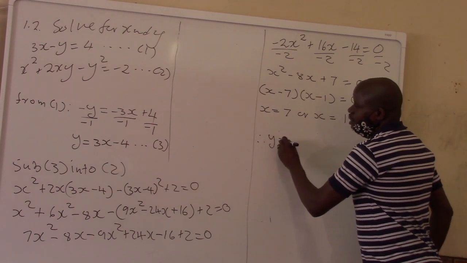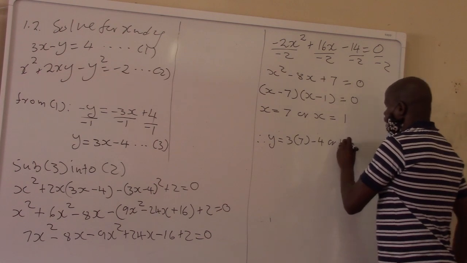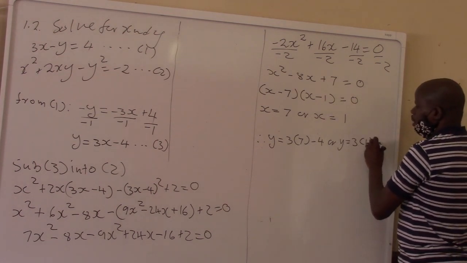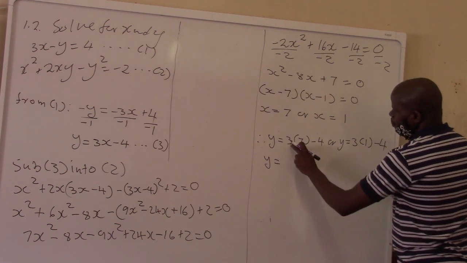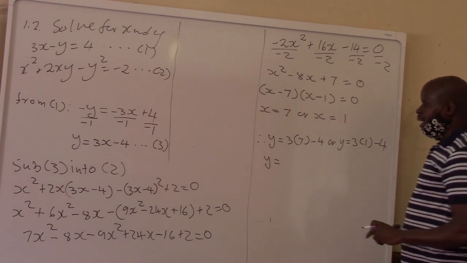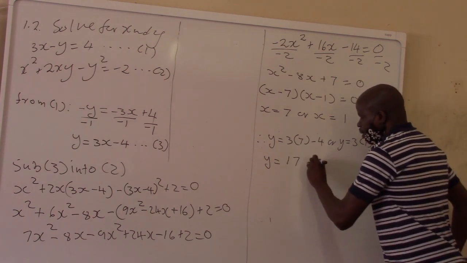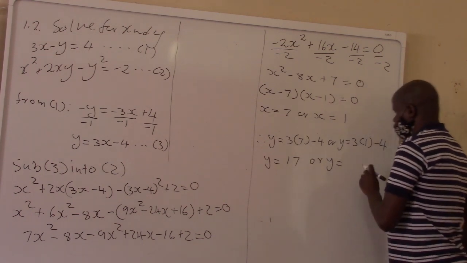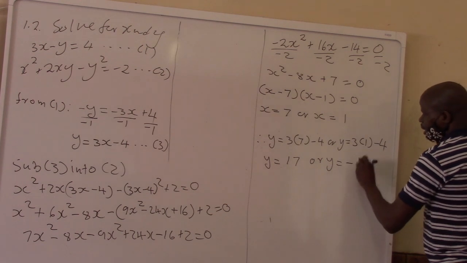So it's y equals 3 into 7 minus 4, or y equals 3 into 1 minus 4. Where we have y equals 3 times 7 is 21, and then 21 minus 4, it's 17, or y equals 3 times 1 is 3, 3 minus 4, it's negative 1.